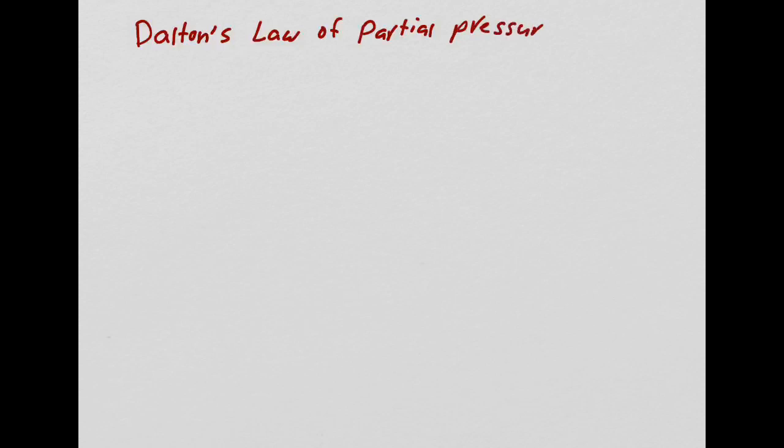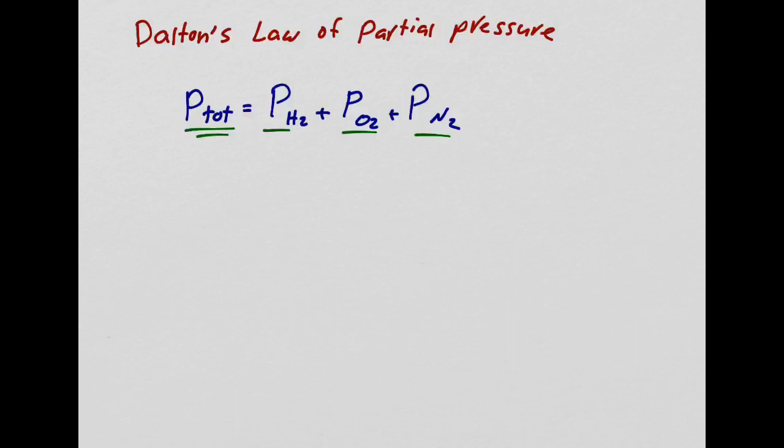Partial pressure, when you talk about partial pressure, is nothing fancy whatsoever at all. Let's say in this room, I have a pressure, right? But in this room right now, I have some H2 gas, I have some O2 gas, and I have some N2 gas, right? So each one of these has a partial pressure. When you add it up together, it is a total pressure in the room.